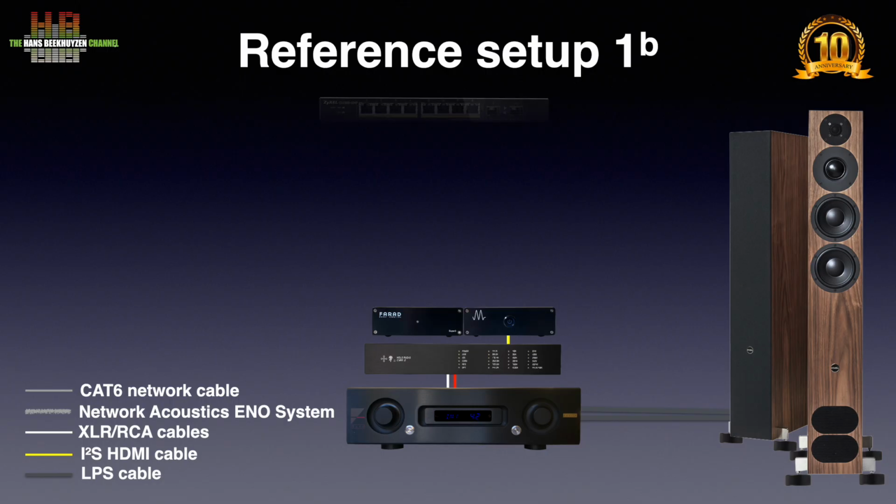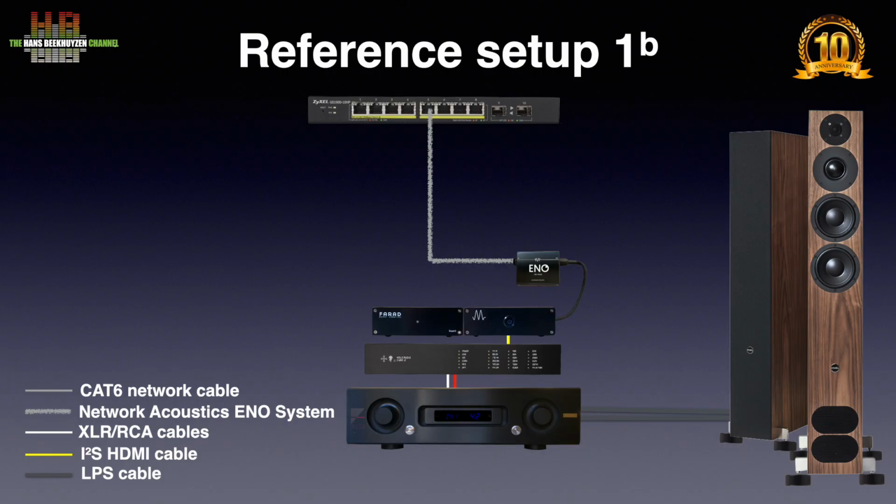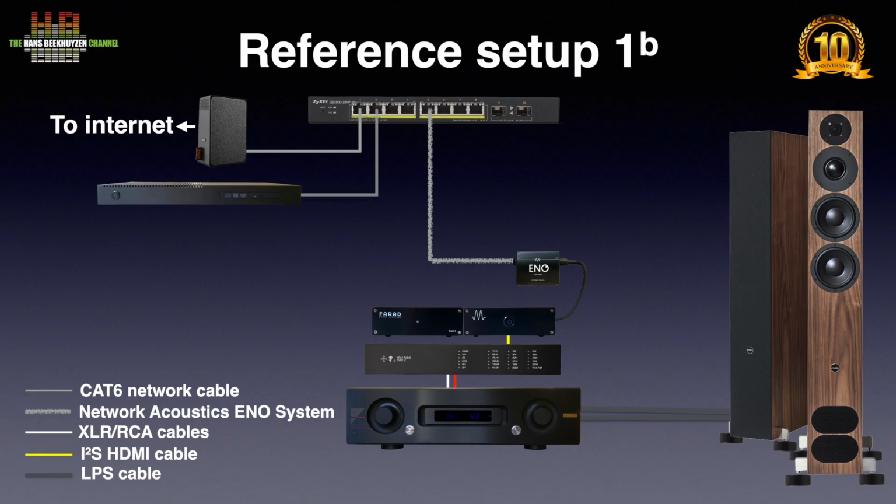The connection to the Zyxel GS1900-10HP switch was over the Network Acoustics Eno system Ethernet filter. Access to the internet was over the Ziggo Business modem that is connected to the Zyxel over a Cat6 patch cable. Also connected to the Zyxel is the Sonic Transporter i7 CDR that runs Roon server. An iPad 2 was used to control Roon. Again, all equipment was placed in the Creative Trend 3-3 rack.